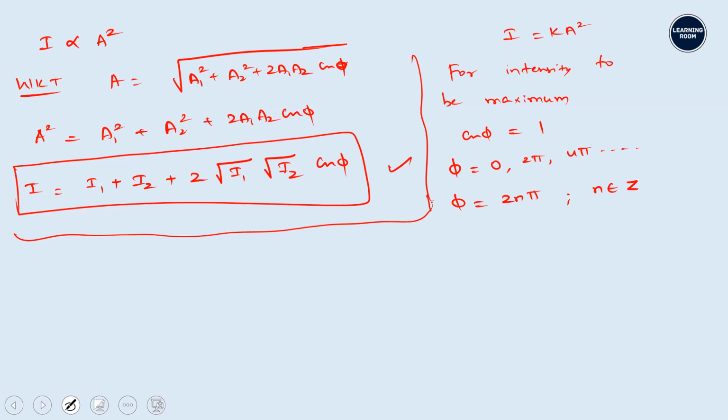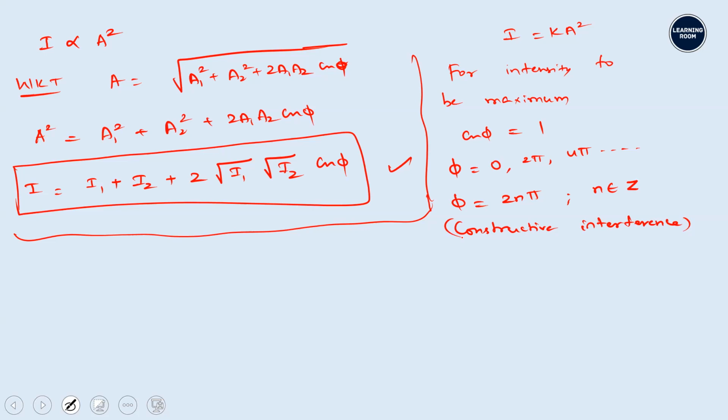That kind of an interference where the waves are superposing to give you a bright image is what is called constructive interference. So this is the condition for constructive interference. Why do we call it constructive? Because it is giving a maximum output.